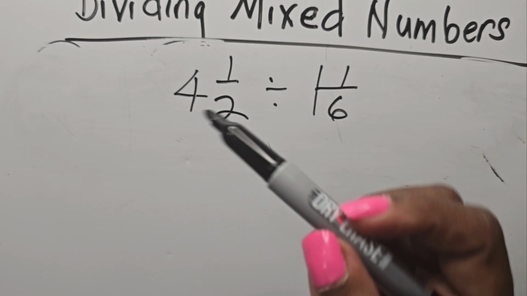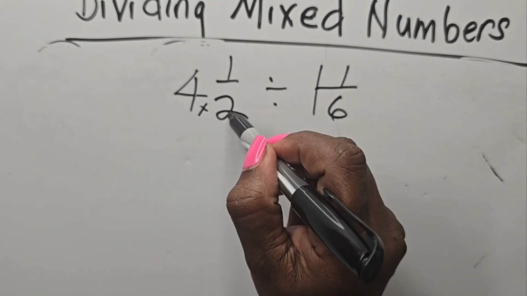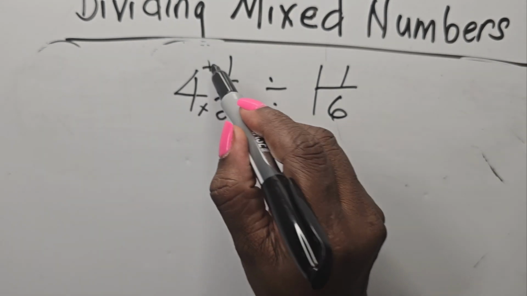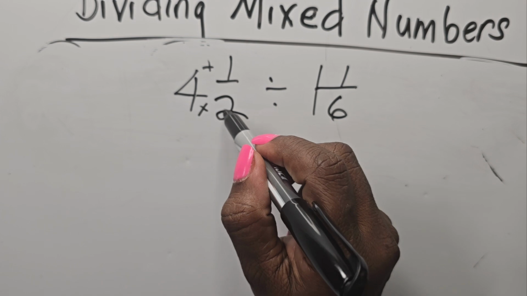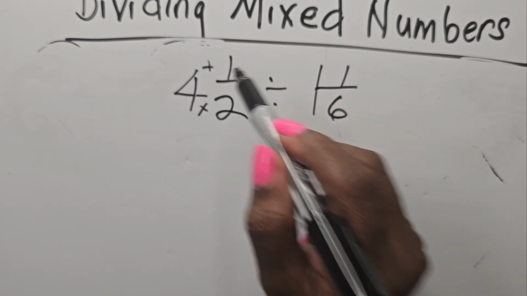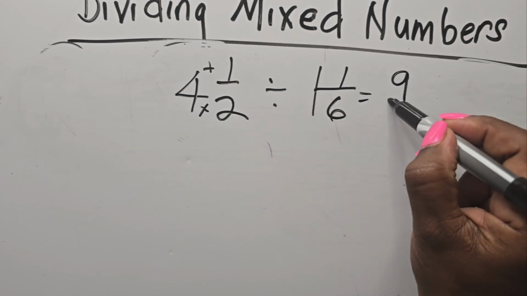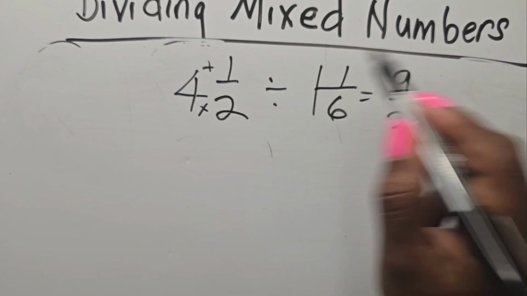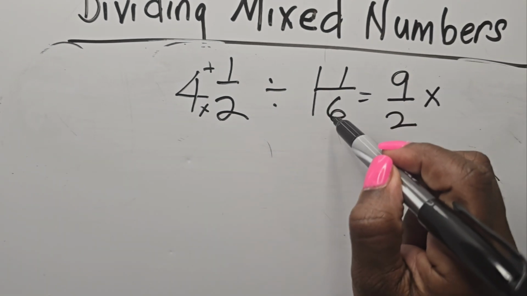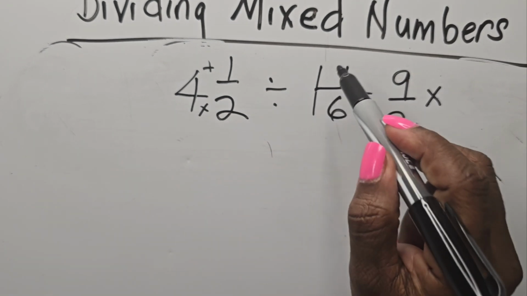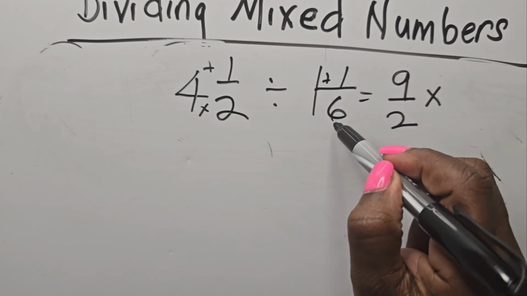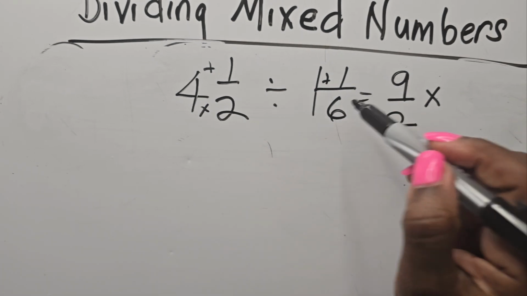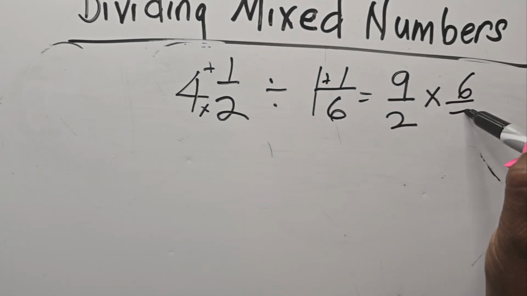Let's rename. Remember how to rename. Times these 2 and add this 1. 4 times 2 is 8. 8 plus 1 is 9/2. Change this to a multiply. 6 times 1 is 6. Plus 1 is 7/6. Flip becomes 6/7.